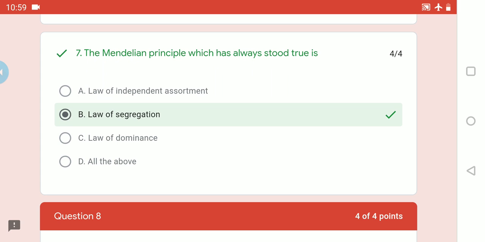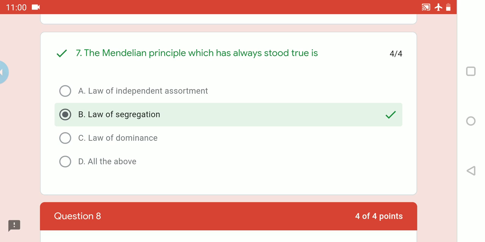So the Mendelian principle which has always stood true is only the law of segregation. When the alleles for 2 contrasting characters are brought together in the F1 generation, they separate or segregate in the F2 generation during the formation of gametes. This is called the law of segregation, also called the law of purity of gametes.